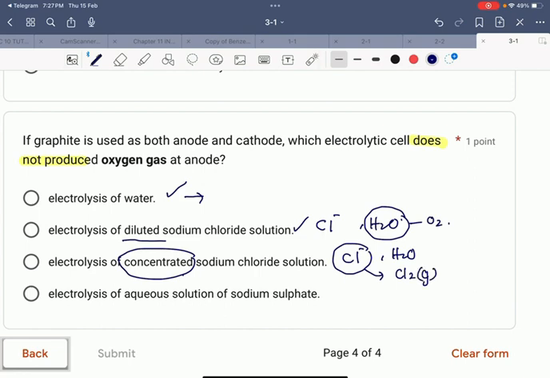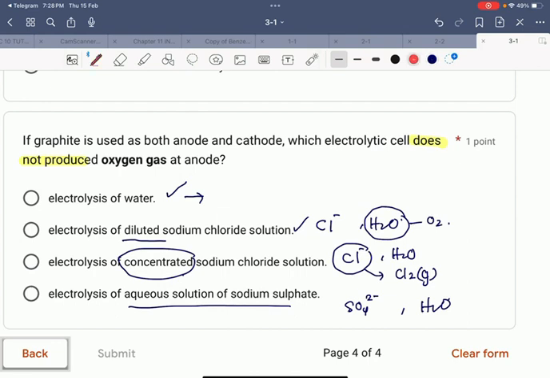Okay, next, electrolysis of aqueous solution of sodium sulfate. At the anode, we have sulfate ion and also H2O.